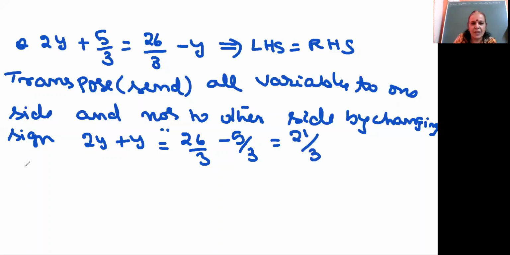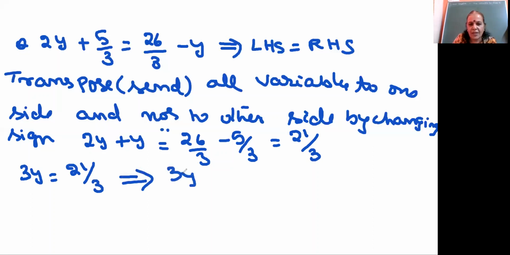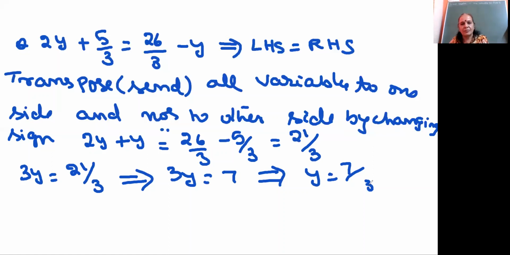That is 3y is equal to 21 by 3. That gives you 3y is equal to 7 and y is equal to 7 by 3.